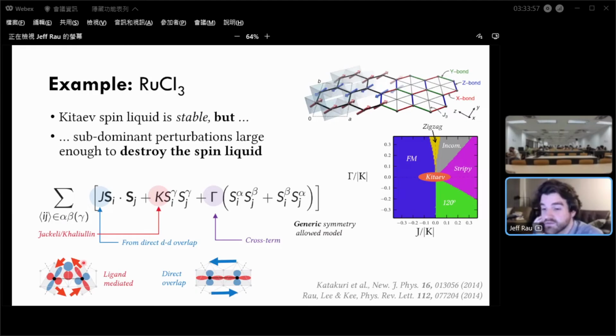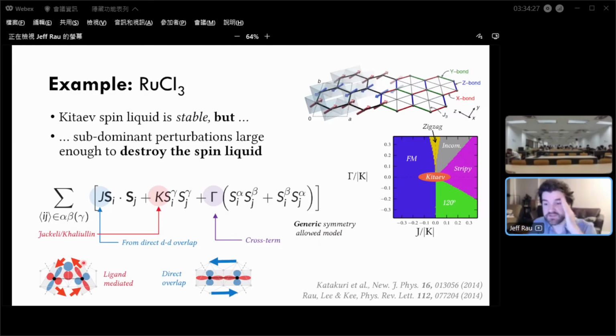Actually, I'm not sure they've computed exactly this, but there's a series of papers from Roser Valenti's group in the last few years where they've looked at magnetoelastic couplings in these materials, so they might have an answer there. But I'm not sure if they've completely addressed how the magnetic field feeds back into the change of the exchange constants. Okay, thanks.